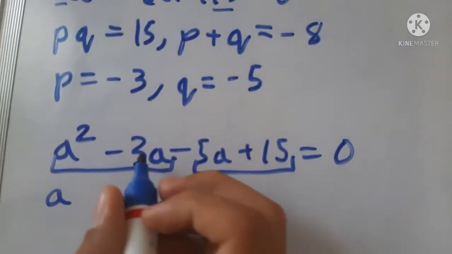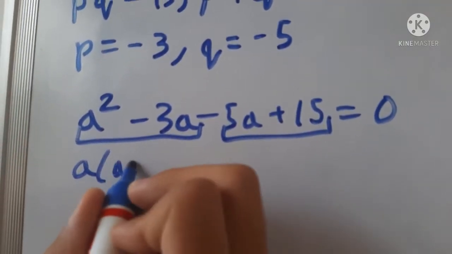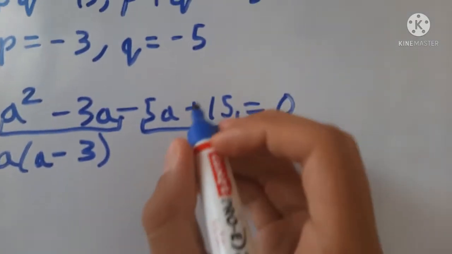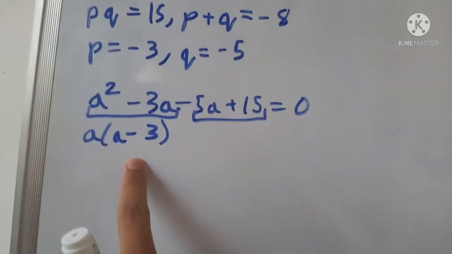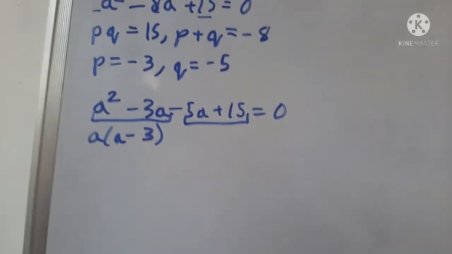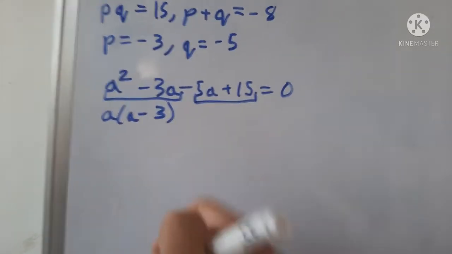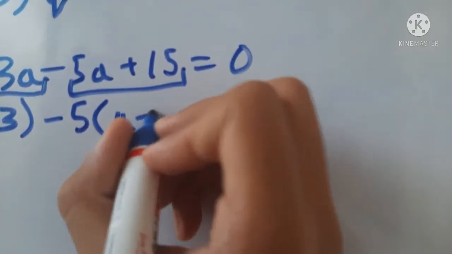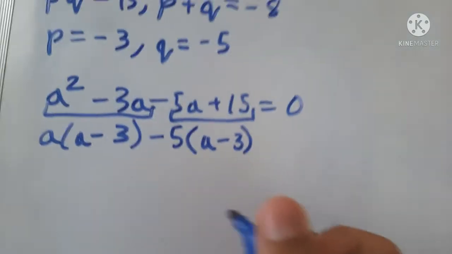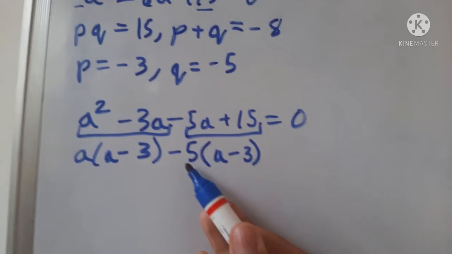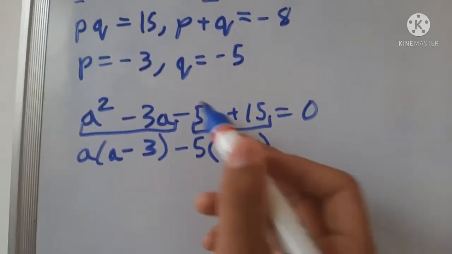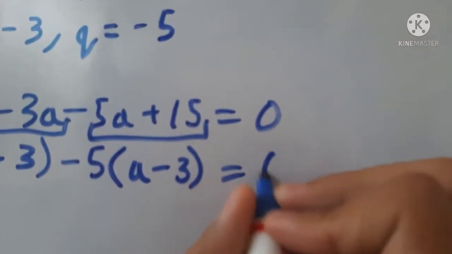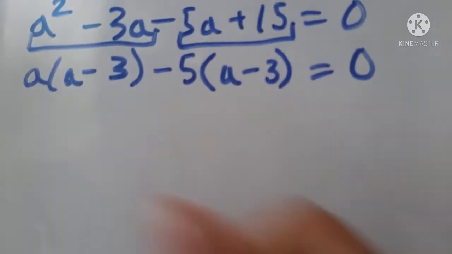We can factor out a from the first, giving a minus 3, and since we want a minus 3 in the second part too, we factor out a minus 5, so minus 5 times a minus 3. You should always check in your head by multiplying these out again, whether it gives you the same result.